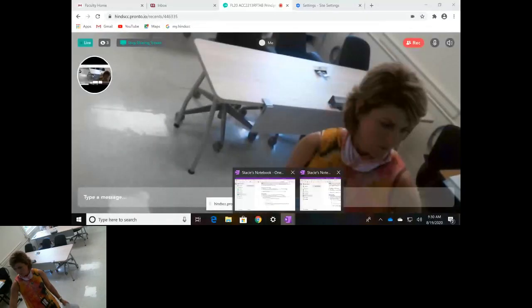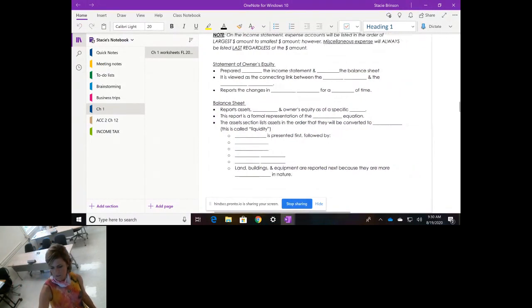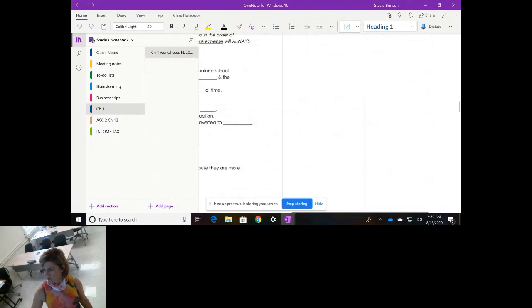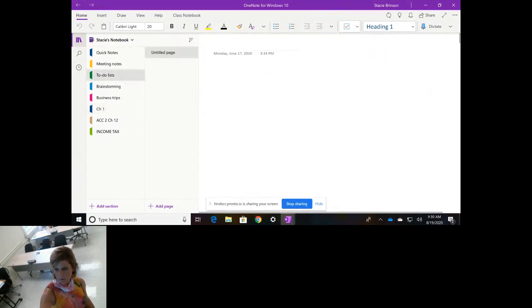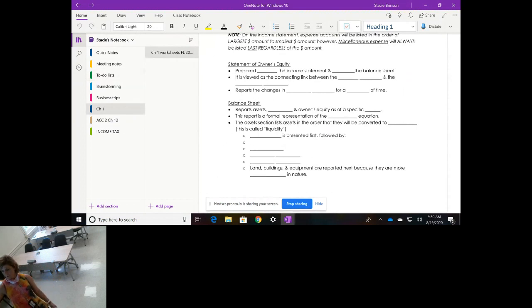I don't want that one. I want that one. Okay. All right, so this is your worksheets. I'm still trying to figure out how to get that over. This is not like the one I had on my note, so it's giving me fits. Plus, I'm not the most computer literate person in the world.